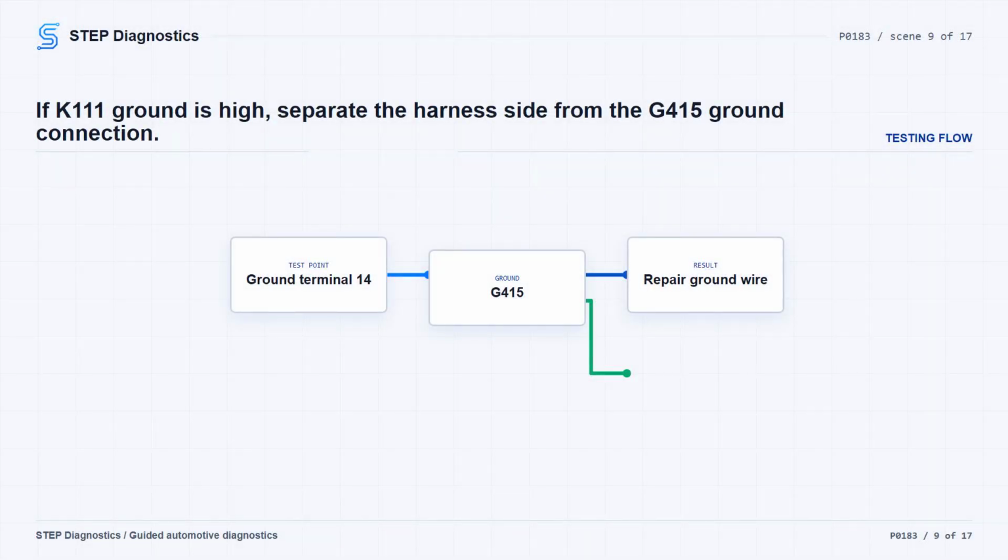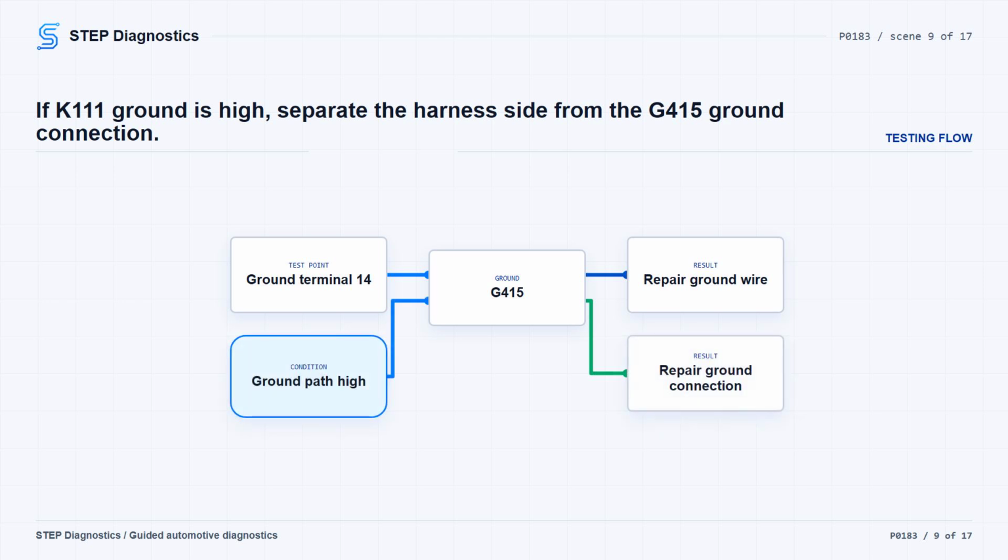That should be less than 2 ohms. If it is 2 ohms or greater, repair the open or high resistance in the circuit. If that section is less than 2 ohms, repair the open or high resistance in the ground connection. If terminal 14 to ground was already less than 10 ohms on this branch, the procedure calls for replacing the K111 fuel pump driver control module.